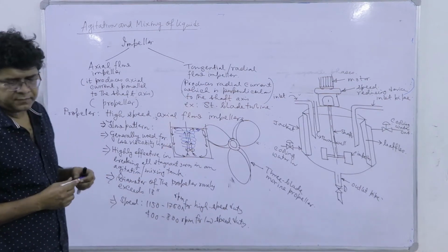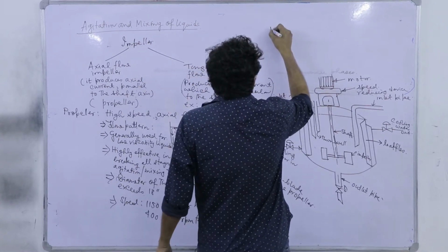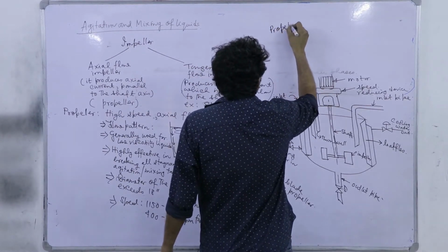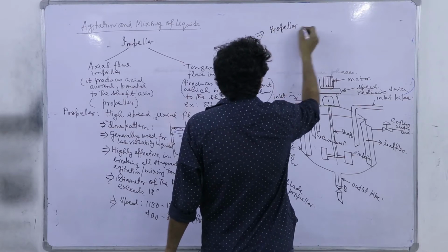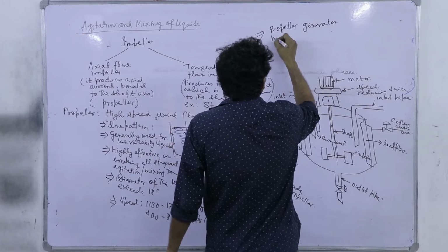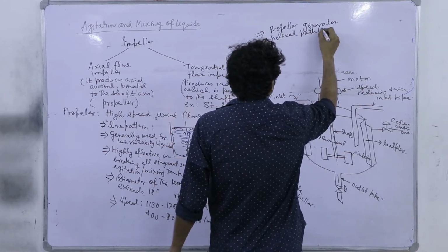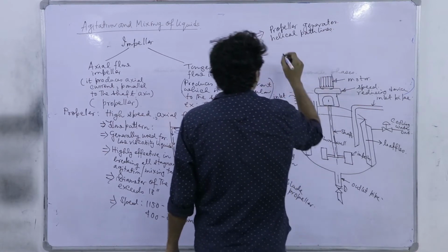Now, whenever it is following a helical pattern, the propeller generates helical path lines, right.